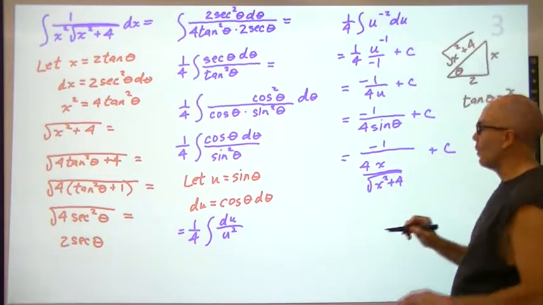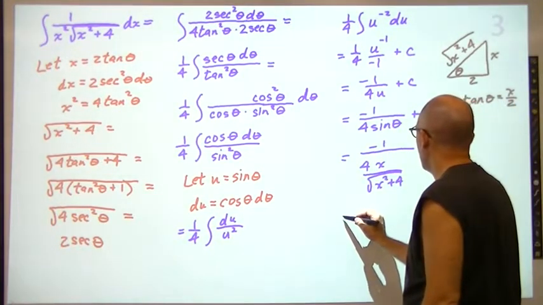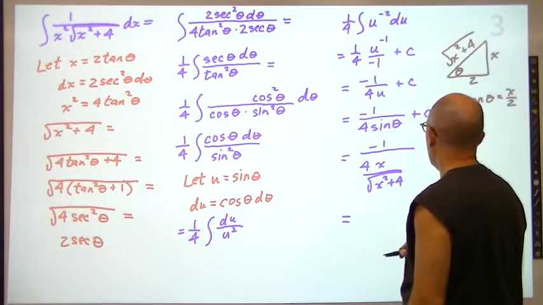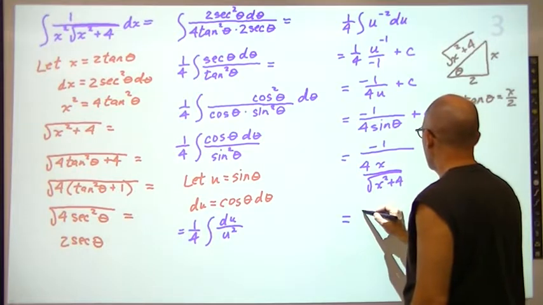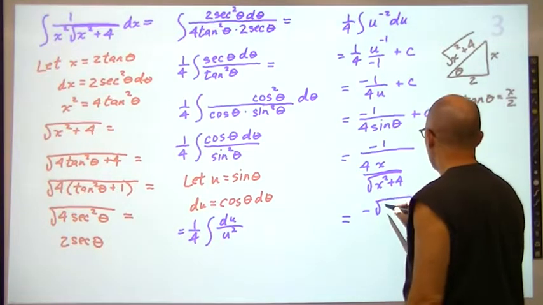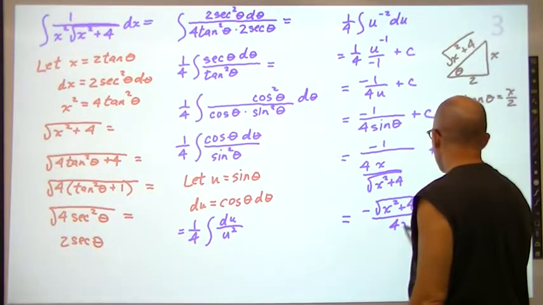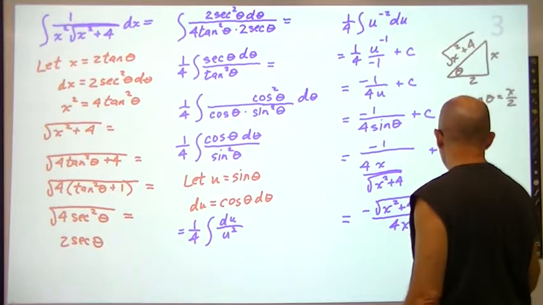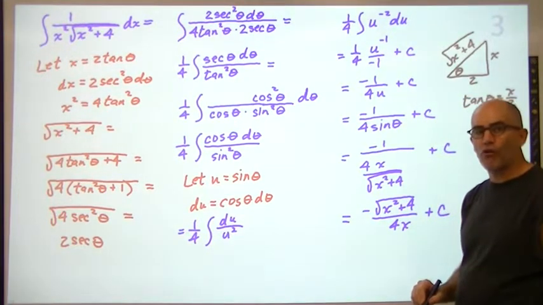Okay, so now we're going to flip the bottom and multiply. And so we have negative square root of x squared plus 4 over 4x plus c. That's it. Game over.